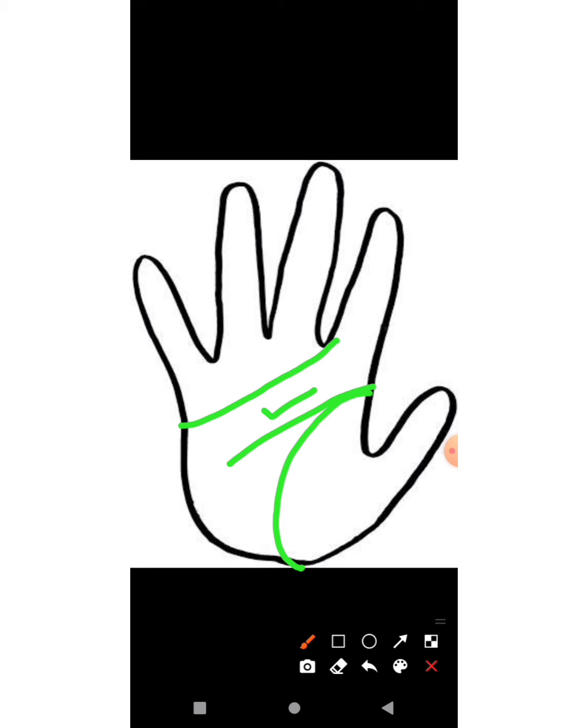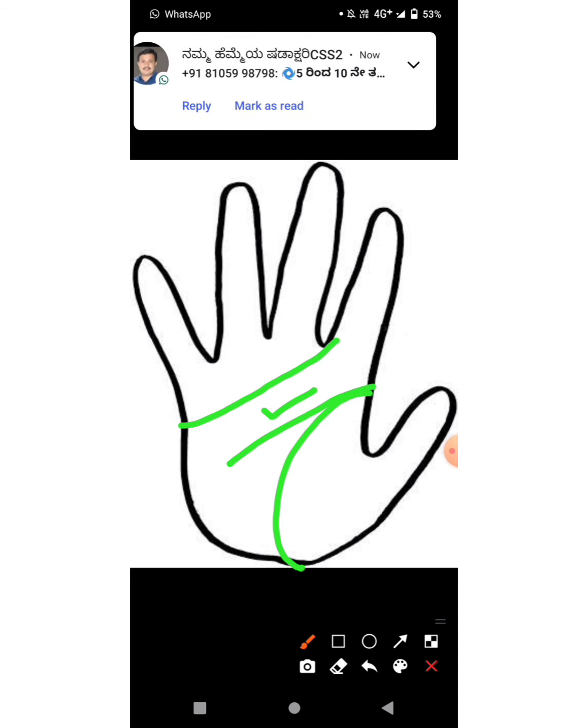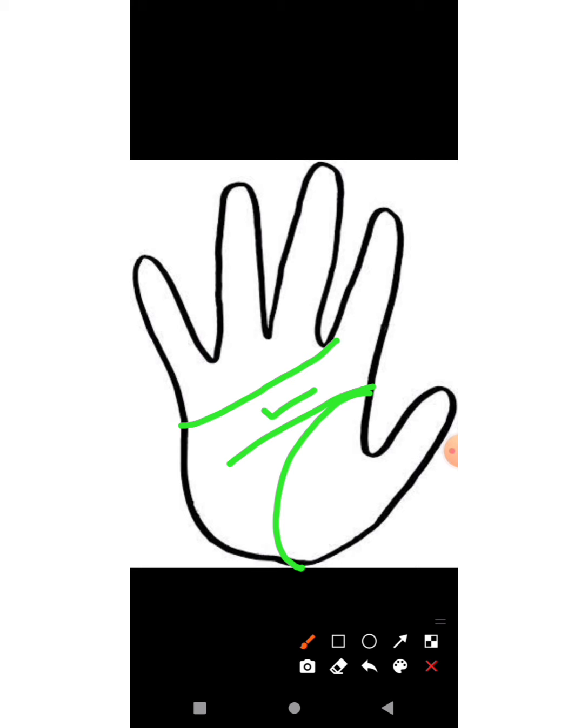That means a long headline is the indication of a strong mind, strong dedication, and strong logical power.